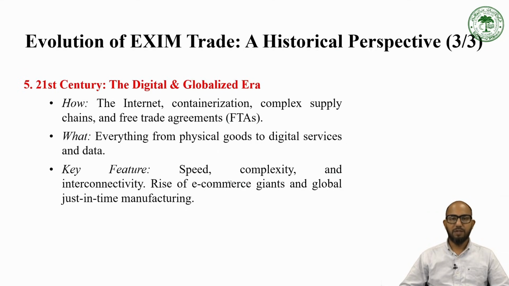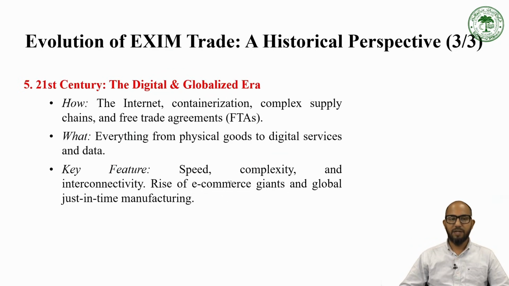The final historical perspective relates to the present times of the 21st century, which can be characterized as the digital and globalized era. This era is characterized by the internet, containerization, complex supply chains, and free trade agreements between countries.